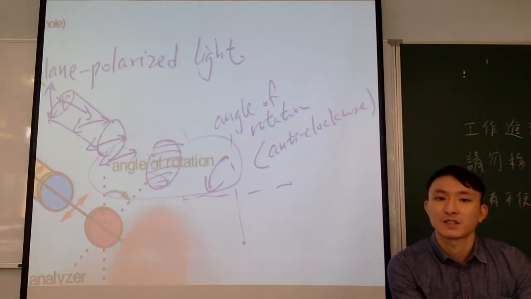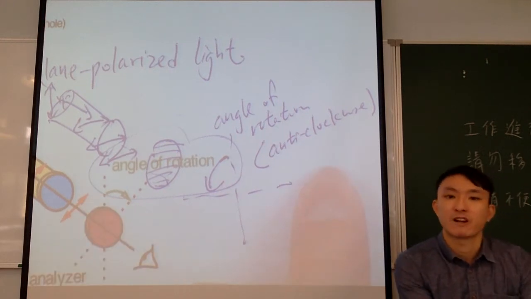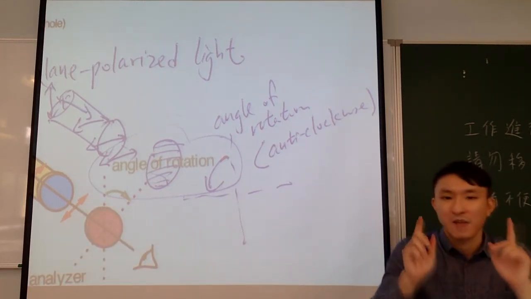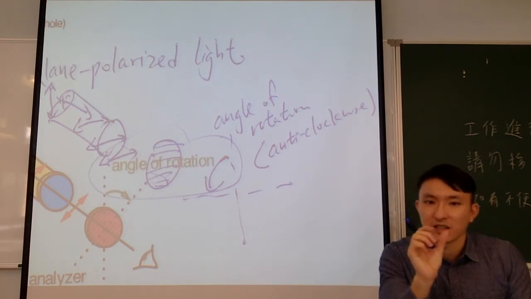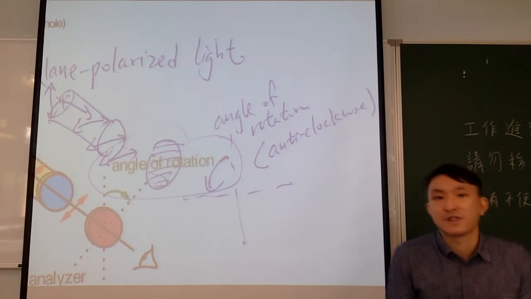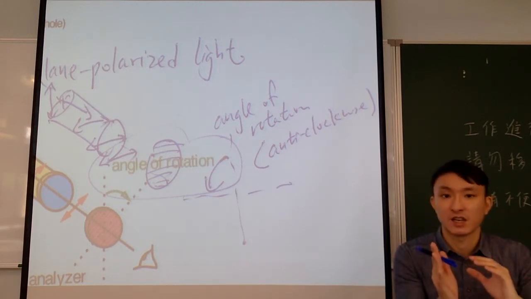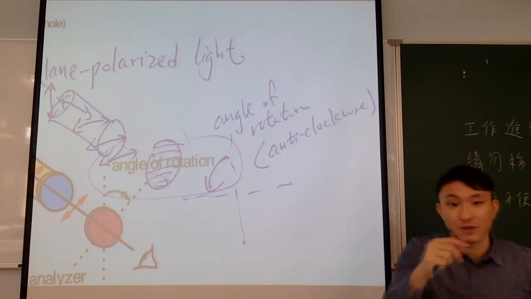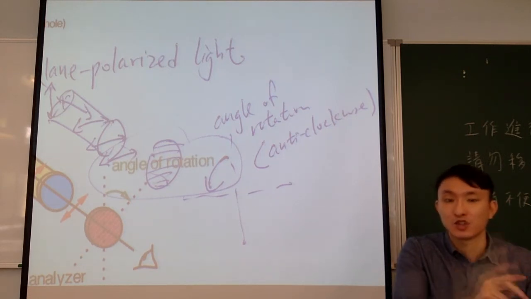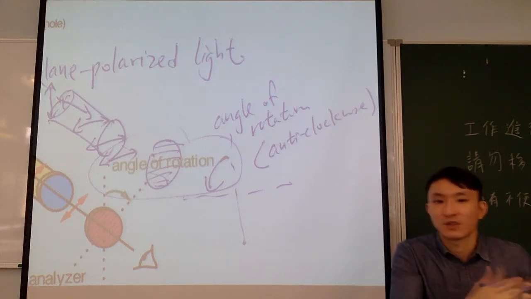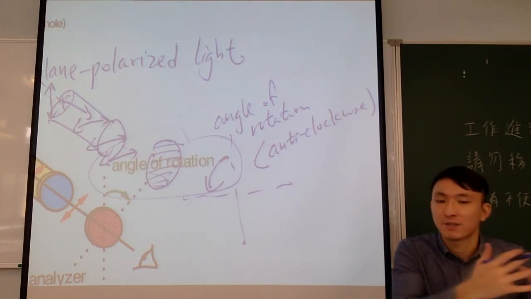Okay, now this one is clockwise, right? But you will register an anti-clockwise angle of rotation. And one more thing that is interesting is that these two angles are the same. The only difference is the direction of rotation. So basically, if we try to distinguish between two enantiomers, we will perform experiments using two different samples using the polarimeter.